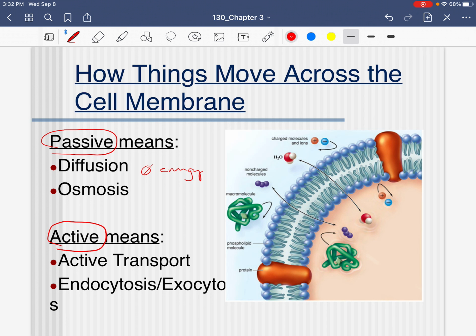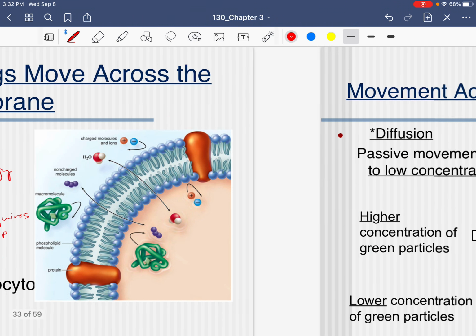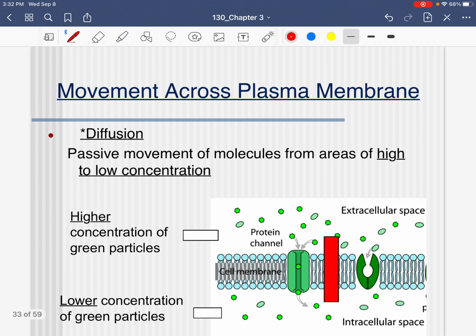But then sometimes there are situations where we actually do require energy to push things. Sometimes it's because we're pushing things against a concentration gradient. Other times there are other reasons. But active means it requires ATP. It requires energy. And I've listed the different mechanisms of transport that we're going to be talking about. Are you ready? We'll start with passive first.